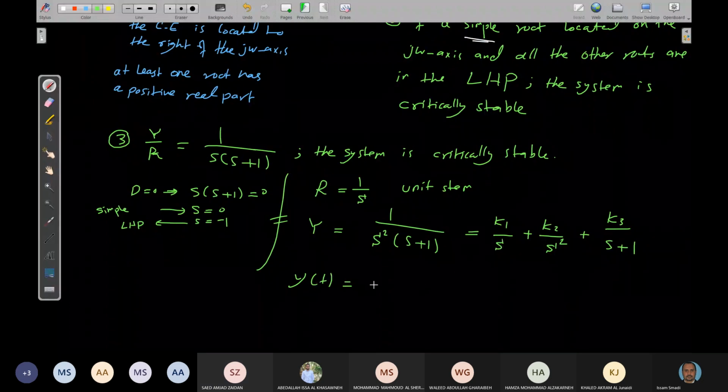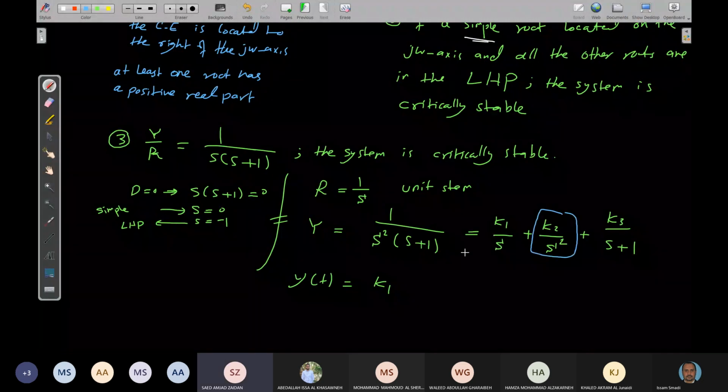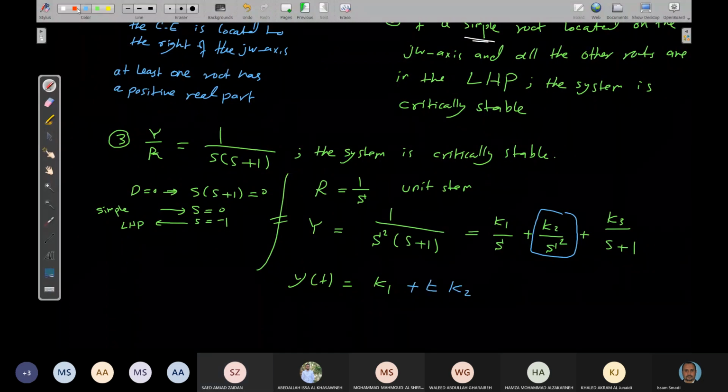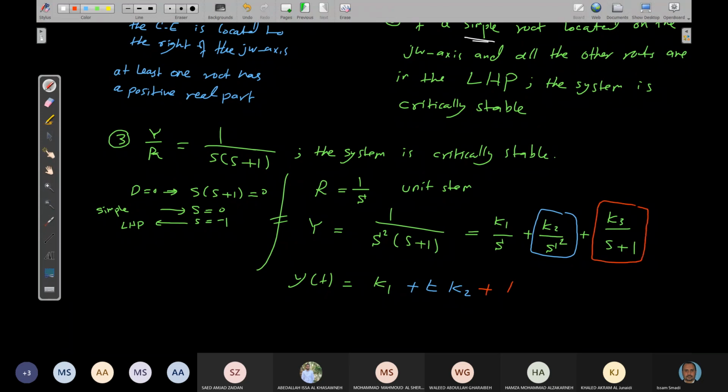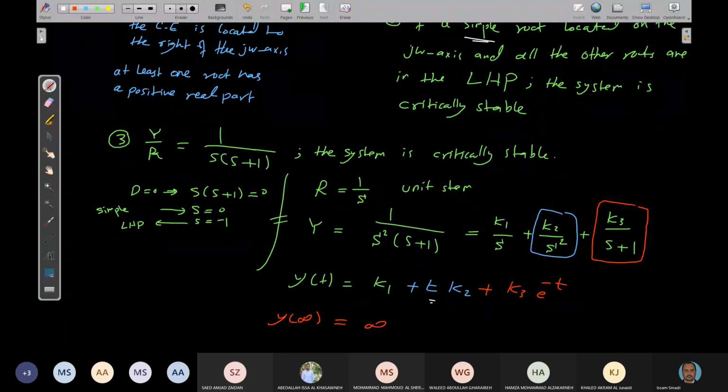Can you give me now y of t? The Laplace inverse of the first term is K1. The Laplace inverse for the second term is t K2, plus the Laplace inverse for the third term, where K3 equals minus 1. Now is this system stable or unstable? Unstable, because if I need to find y of infinity, it's equal to infinity, due to the t.